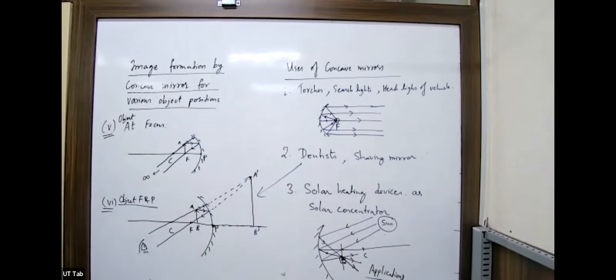I will be proceeding now to image formation by convex mirrors. First, is anything wrong with the diagrams you have drawn?